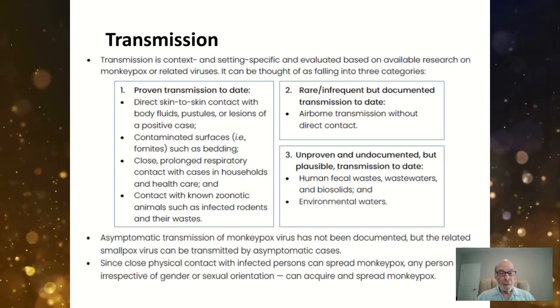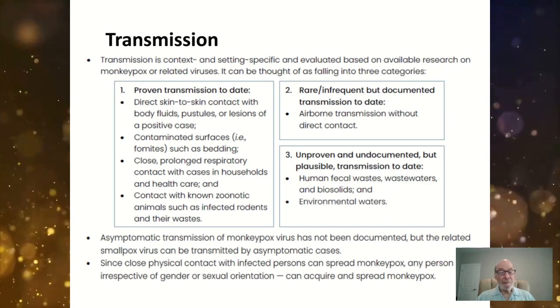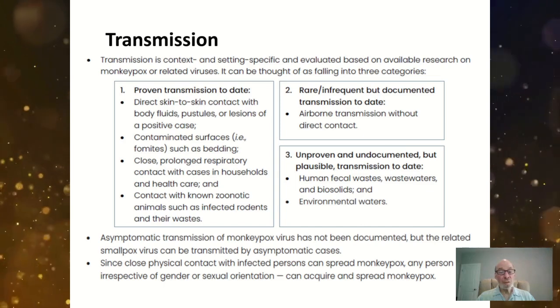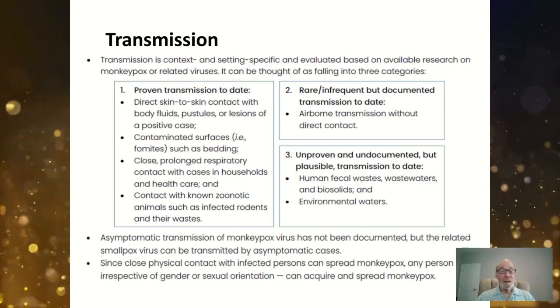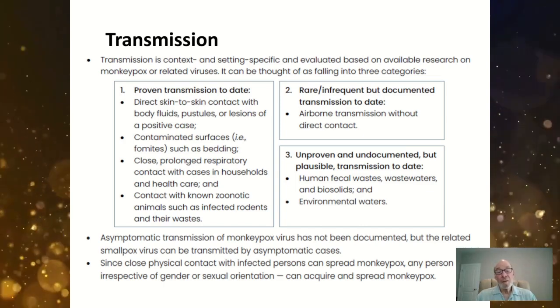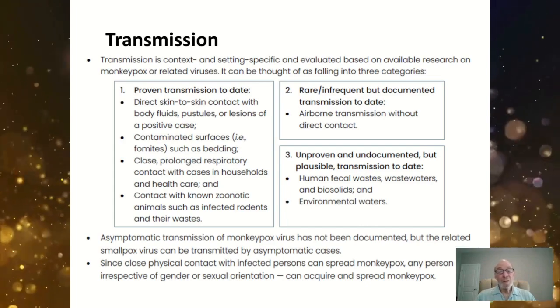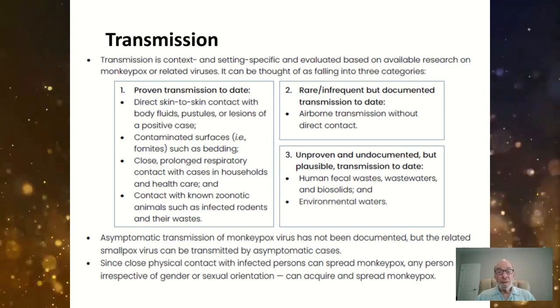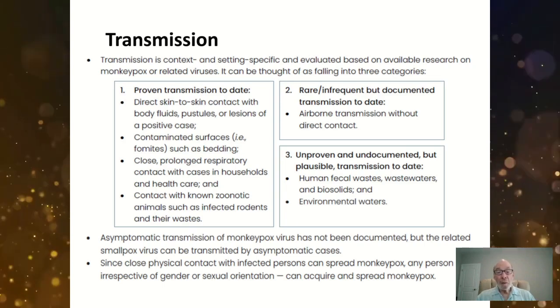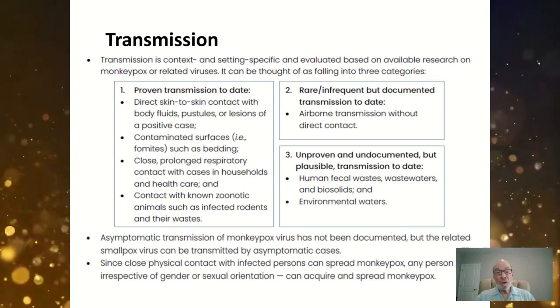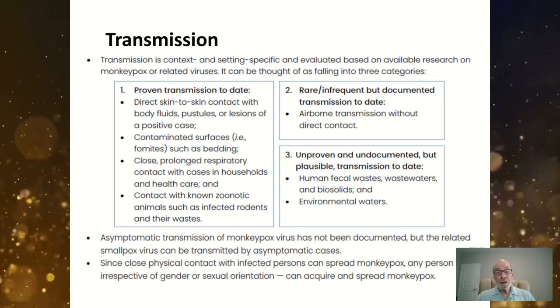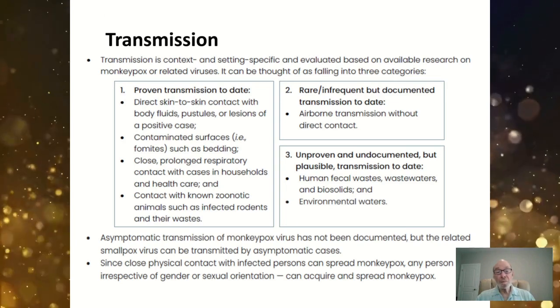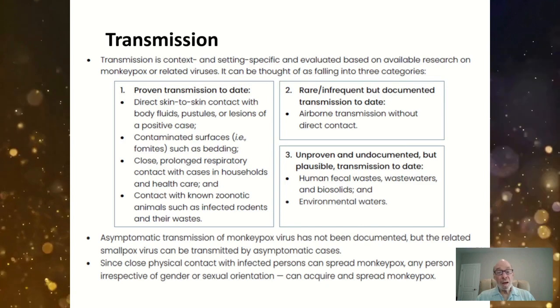It's also possible that it could come from infected animals, as I said, infected rodents, and the ones of most concern, of course, are in Africa, which is where the virus resides, but it could affect other animals. Somewhat rare and infrequent exposure might occur from airborne transmission over longer distances, but that's not very common.